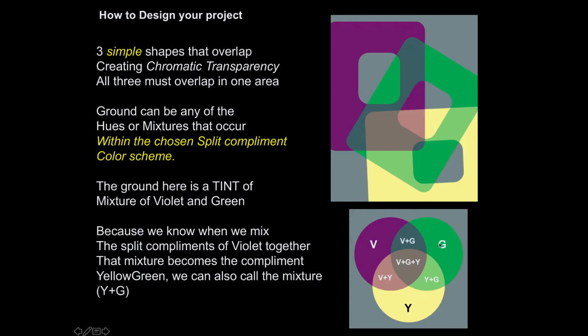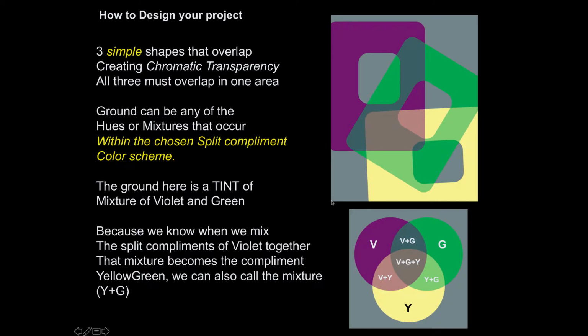We can see that when they start to mix, the yellow and the green is going to make yellow green. The violet and the yellow is going to make this sort of desaturated orangey. The violet and the green is going to make a desaturated green, and all three mixed together make this relatively neutral gray.